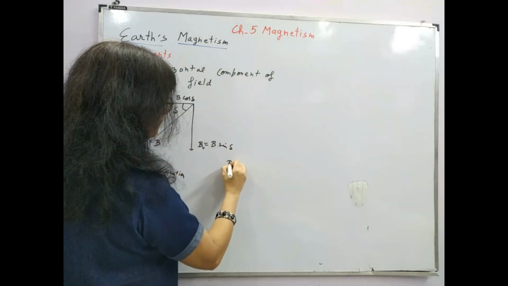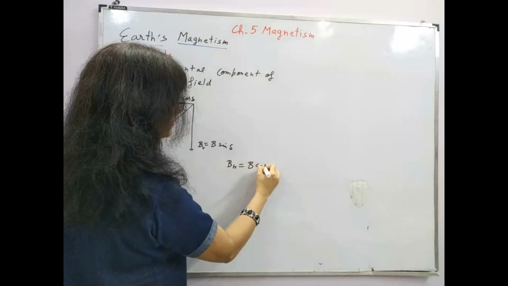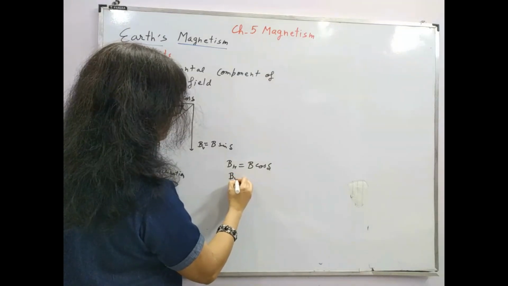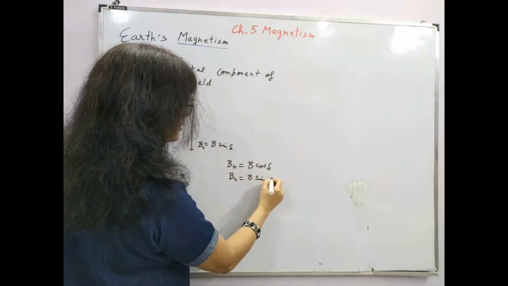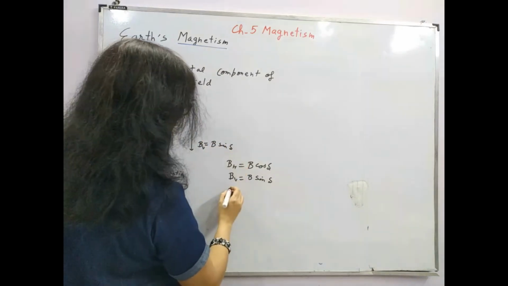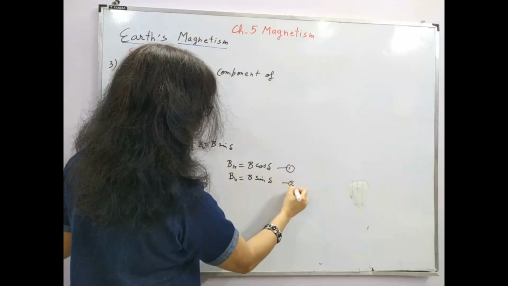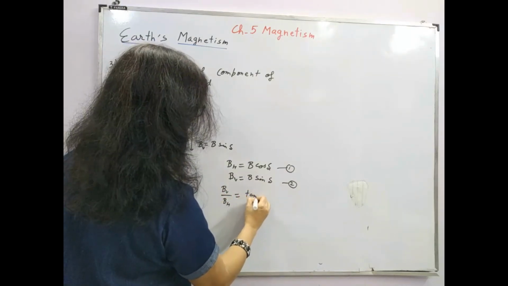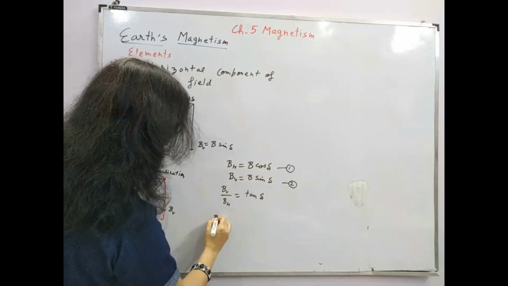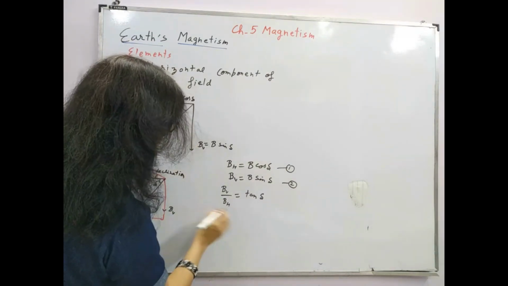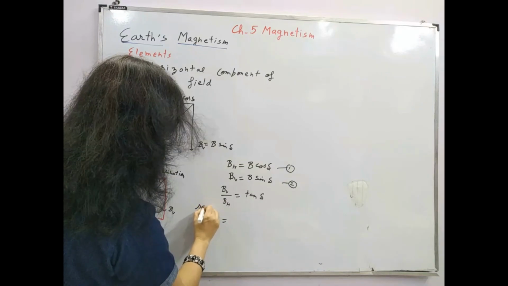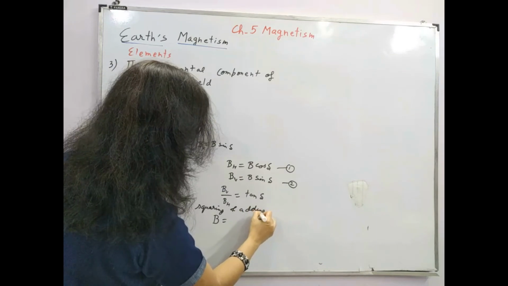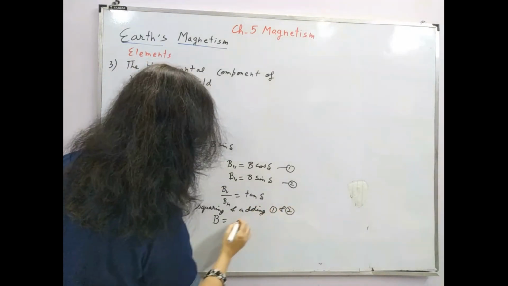Now we know that BH is B cos delta, that means net magnetic field multiplied by cos delta, and BV is B sin delta. So we can divide, if this is 1, this is 2, BV upon BH will give me tan delta. Also, if you want to find the net magnetic field of earth, squaring and adding 1 and 2, what will we get?